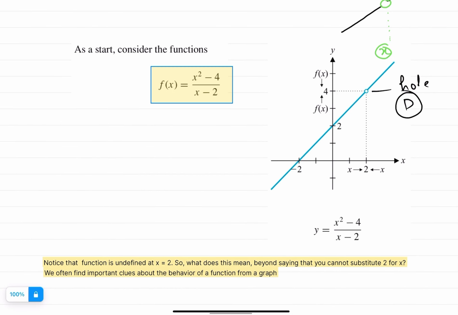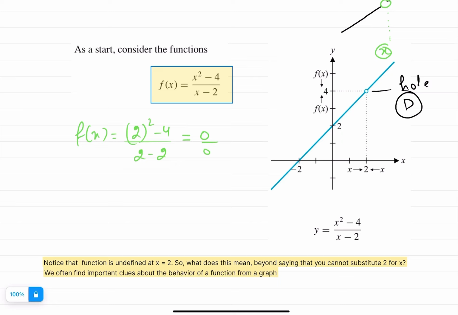Notice that the reason we cannot evaluate the function at x equal to 2 is because when you put in x equal to 2, we get 2 squared minus 4 divided by 2 minus 2, so the output is 0 by 0. In this type of function, when we get 0 by 0, we cannot tell exactly how the function is behaving at this point.